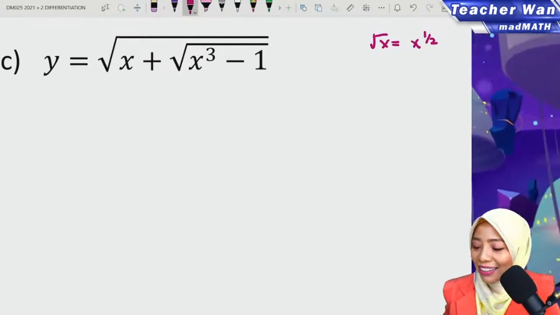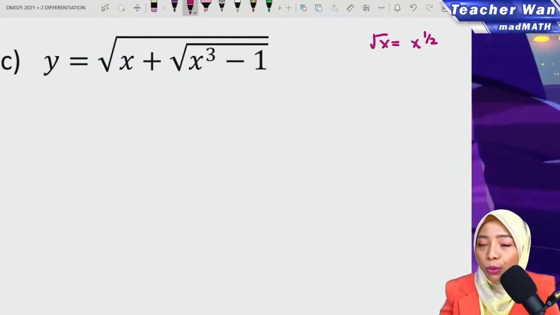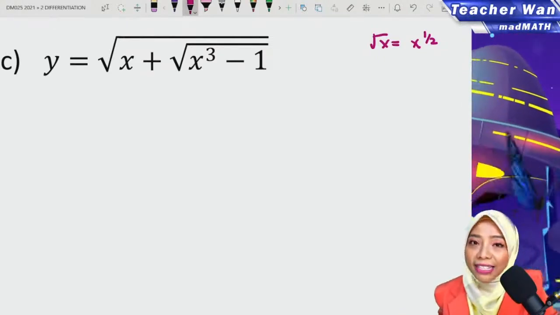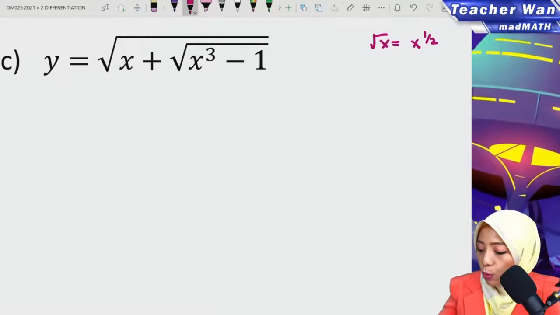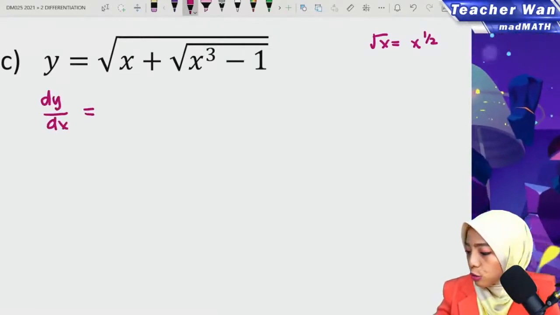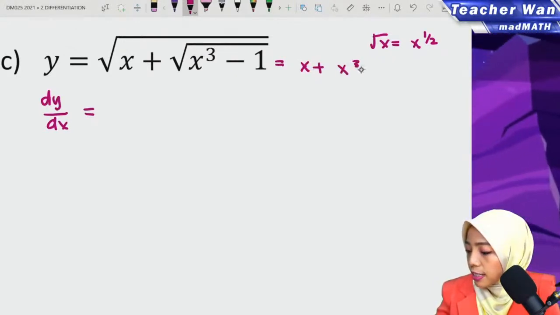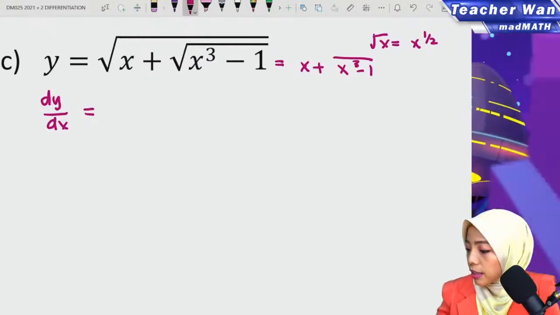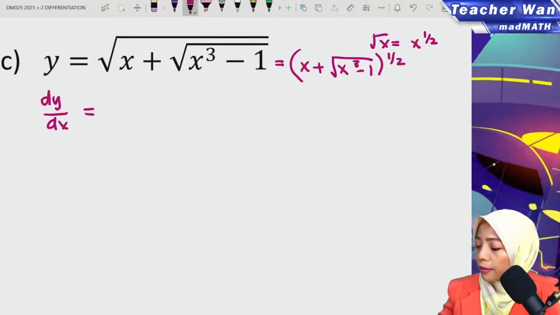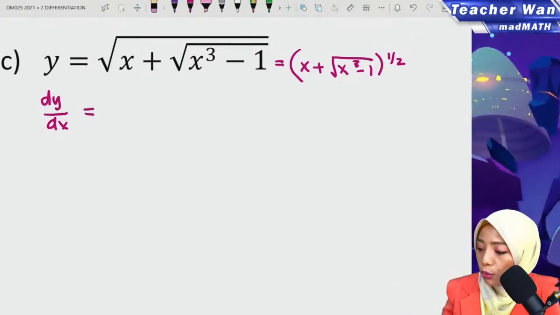If just now we wrote dy over dt, this time we have x, so dy over dx as usual. dy over dx equals x plus root of x cubed minus 1, which is the power of 1 over 2. Now using the chain rule, 1 over 2 to the front.